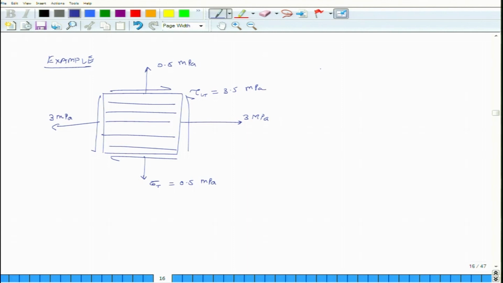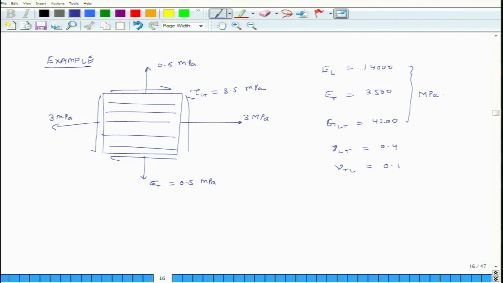So, this is the stress state of the lamina, and the material properties of the lamina are such that EL is equal to 14,000, ET equals 3,500, GLT equals 4,200, nu LT equals 0.4, and nu TL, which is not independent, we can actually calculate it, but here we are just given the value, and that is equal to 0.1, and these first 3 entities EL, ET, GLT are in megapascals.